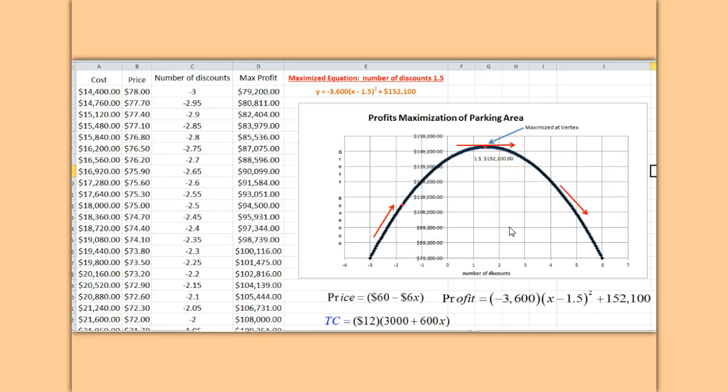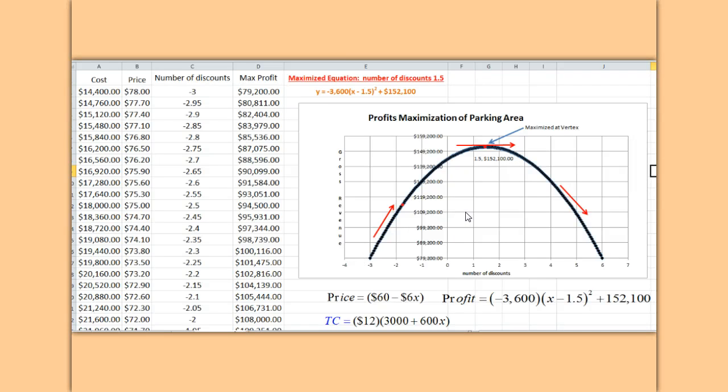As you can see here, as you're going up the left side of the parabola, your cost is increasing, but so is your maximum profit. And once you get to the top, everything stops and settles down, and you're maximized. You're maximized at the vertex.